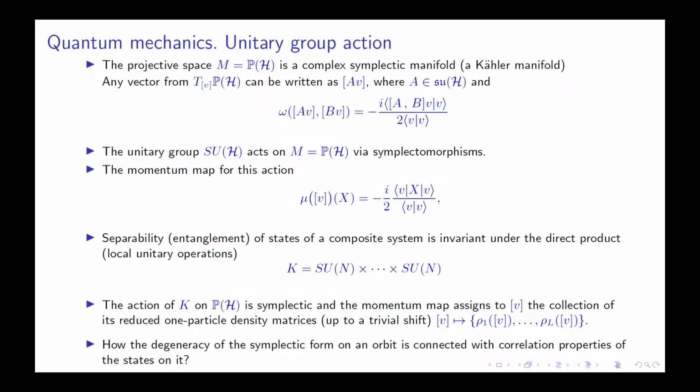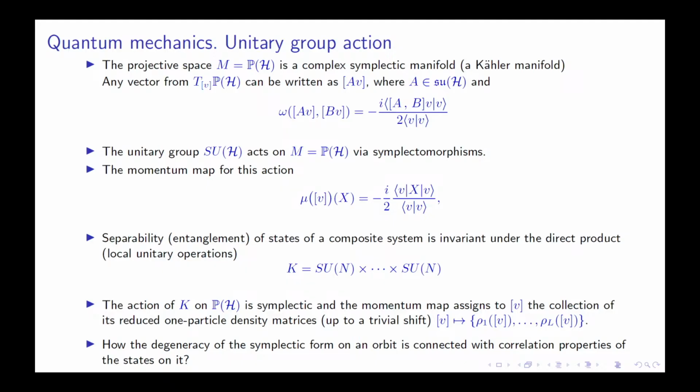So we want to investigate entanglement. We want to find the invariants, in a sense, of this action of the unitary group. These are the so-called local unitary operations, the operations which we believe do not change anything in entanglement because they are performed on individual subsystems, independently of what happens in other subsystems.